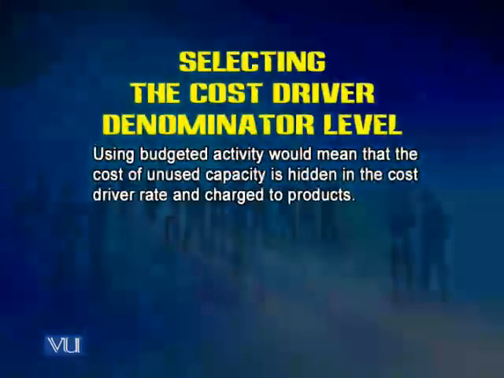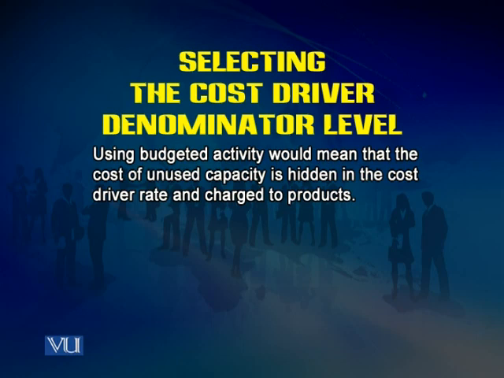The budgeted quantity, if we use it, will usually be a smaller amount and will give a higher rate. Using budgeted activity would mean that the cost of unused capacity is hidden in the cost driver rate and charged to the product. So if we use the budgeted quantity, then we have a higher cost driver rate and more cost is charged to the product.